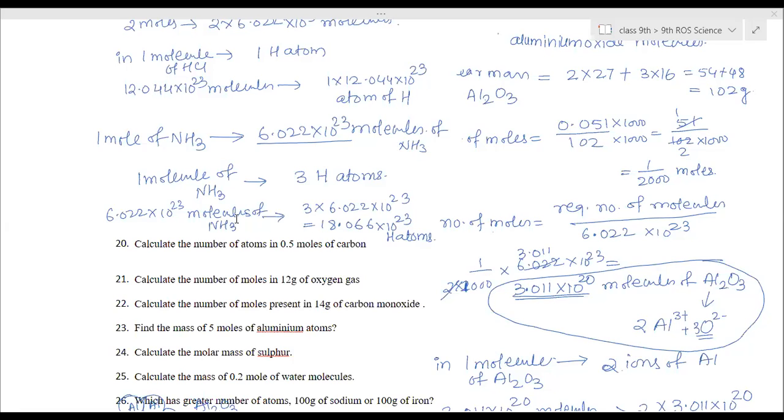Ma'am, is the 22nd answer 0.5 moles? We will solve all questions and I will send you all the answers. Everyone complete the questions.